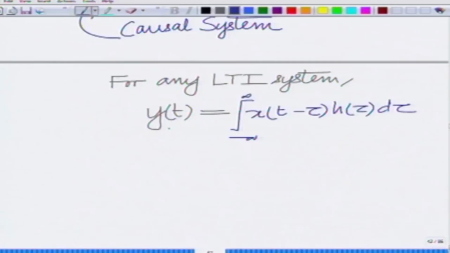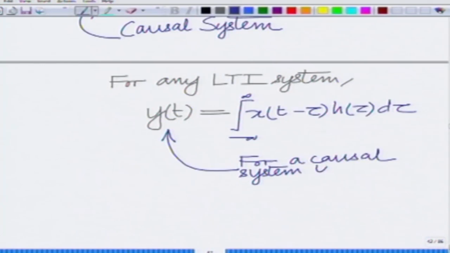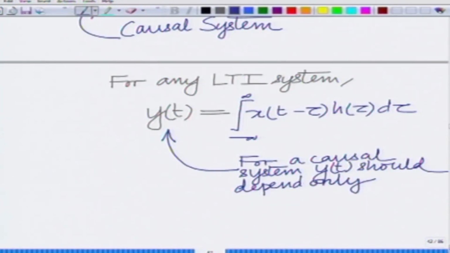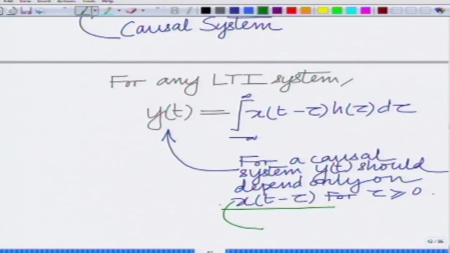So y of t for a causal system should depend only on x of t minus tau for tau greater than or equal to 0, that is only past values of x of t.